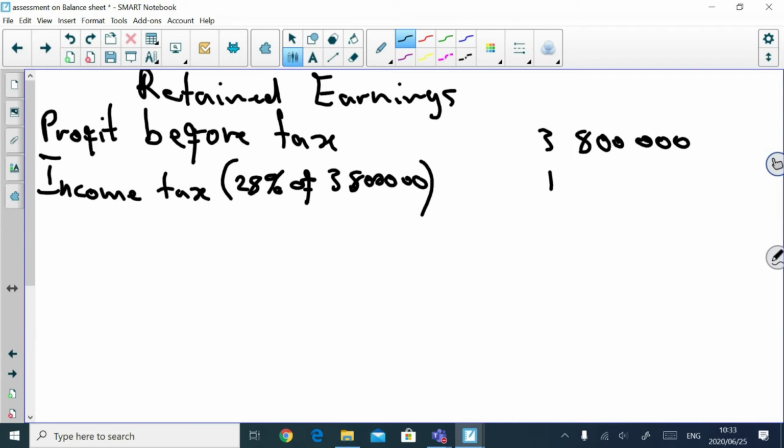Remember, when it's like this, show it in brackets because it's an outflow, okay?